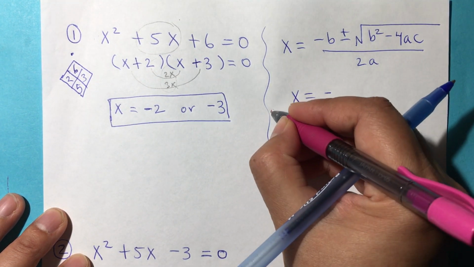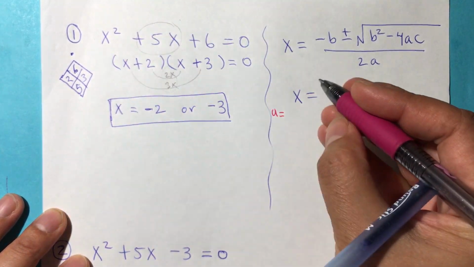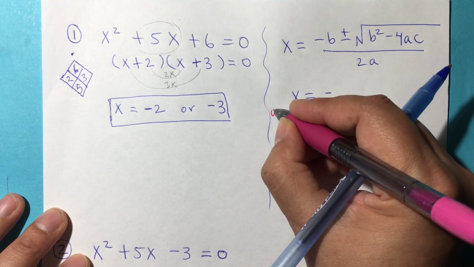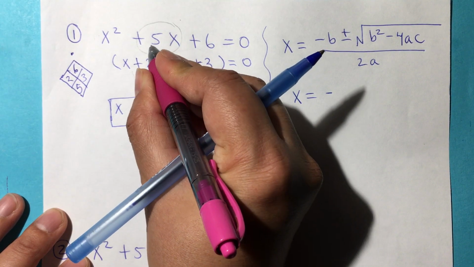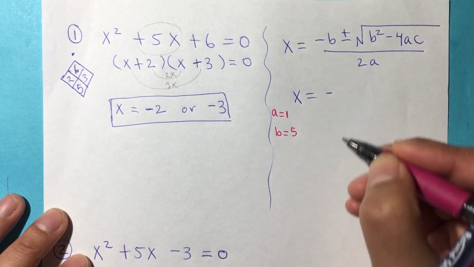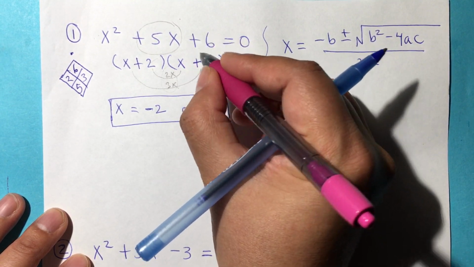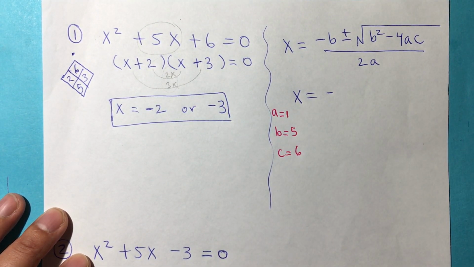Well, a will always be the coefficient of x squared. Since we don't have anything there, a is 1. b will always be with x, so in this case b is 5, and c will always be the constant number, the one that has no variable. So that will be 6.